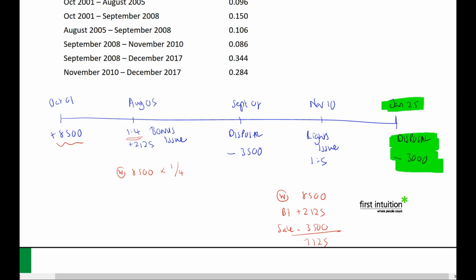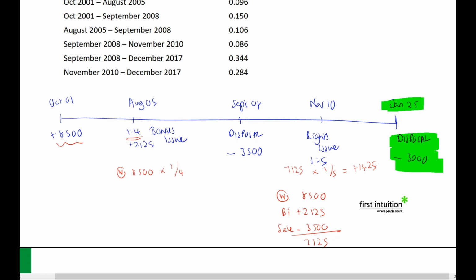So when I do my rights issue calculation, it's based on 7,125 shares, and they get one new one for every 5 that they own. So it would be an extra 1,425 shares.